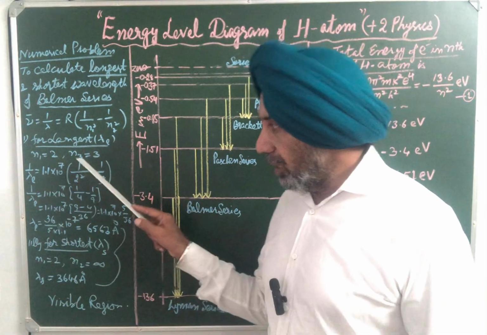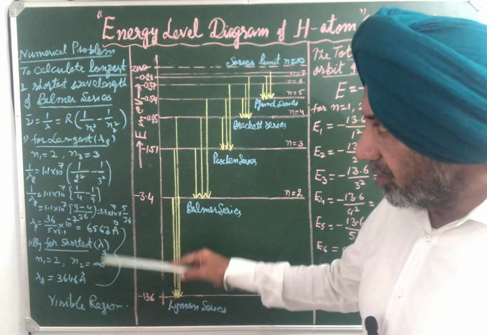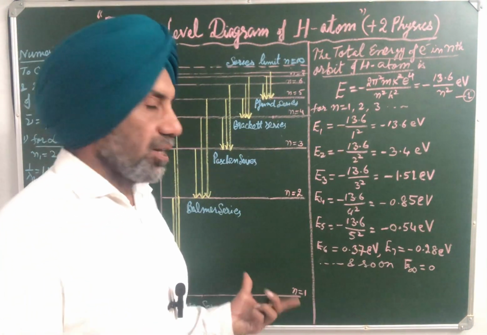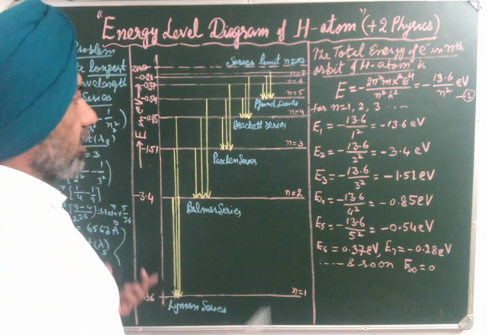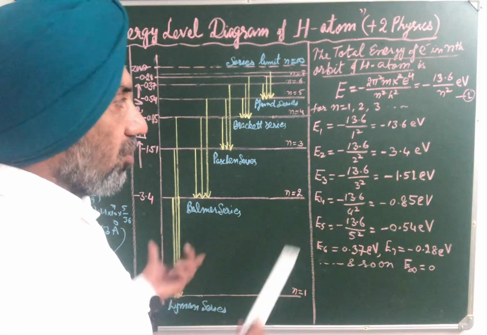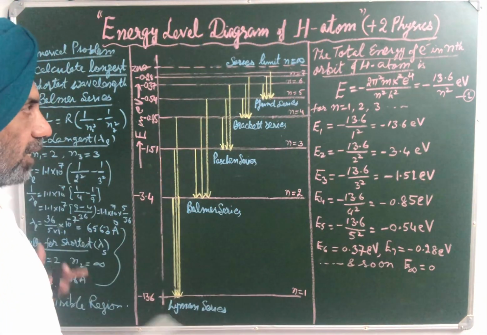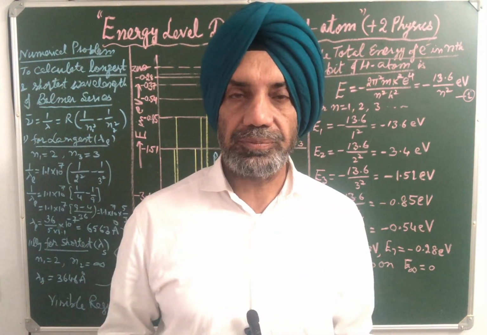So other wavelengths will fall in between the two. So it means this Balmer series falls in the visible region of spectrum. So this is how we can calculate frequency, wavelength, or wave number, or energy from the knowledge of energy level diagram. This is the importance of energy level diagram.